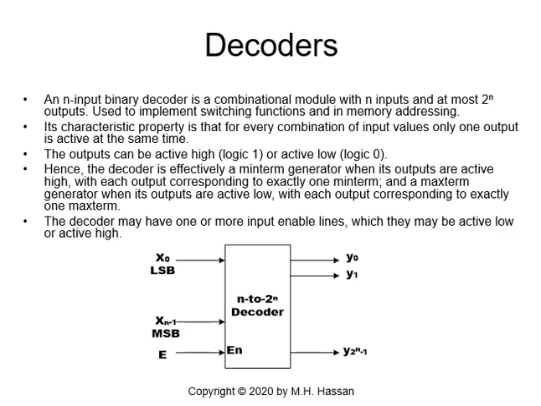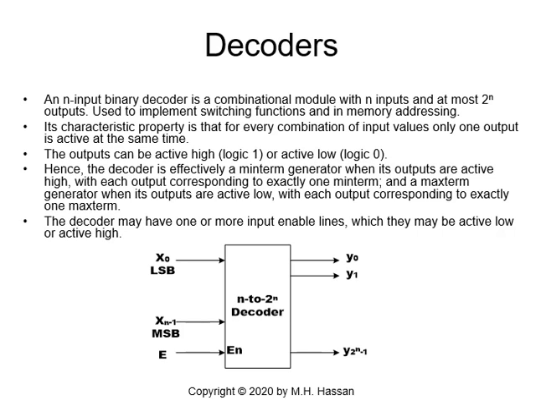Hence, effectively, the decoder is a min-term generator when the outputs are active high, with each output corresponding to exactly one min-term, and a max-term generator when its outputs are active low, with each output corresponding to exactly one max-term. The decoder may have one or more input enable lines, which may be active low or active high.